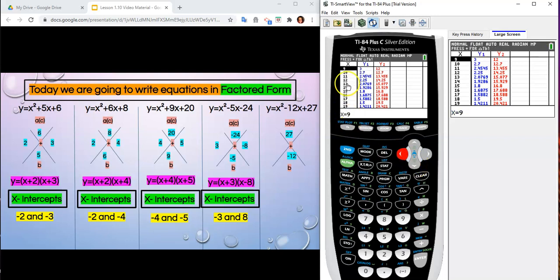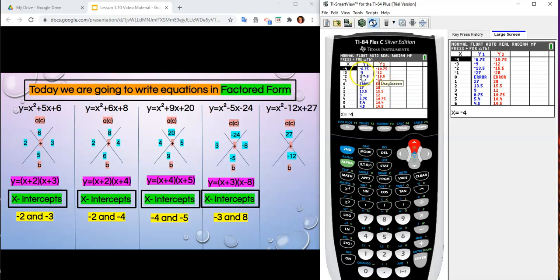Okay, so you have to scroll up on the x, but we're going to be focusing on this column because we're trying to find a negative 12. So I'm going to scroll up, scroll up, scroll. Alright, so look, I went the opposite way and I was able to find a negative 12.